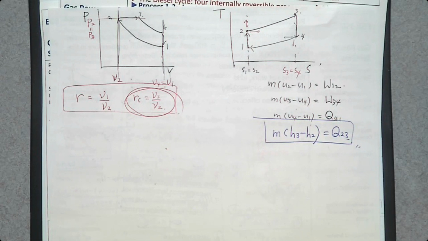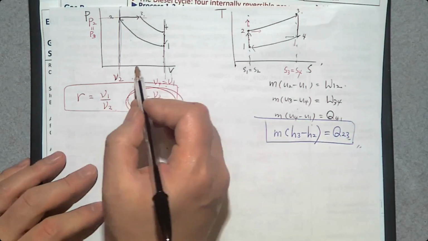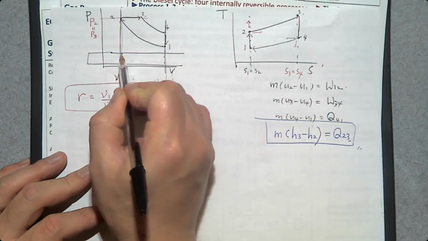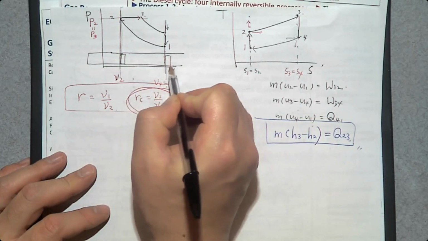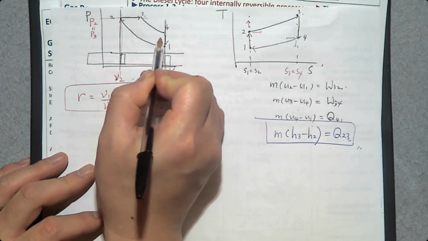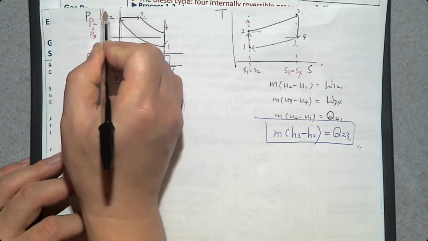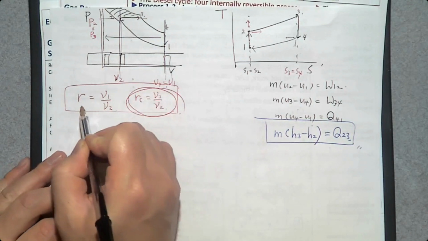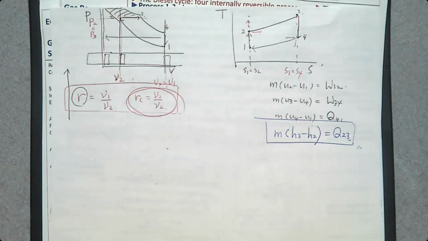How can we improve the performance of this diesel cycle? The same thing. The piston looks like this. This is the top dead center. This is the bottom dead center. We just need to compress more up to here. So we can add this much by increasing the compression ratio.